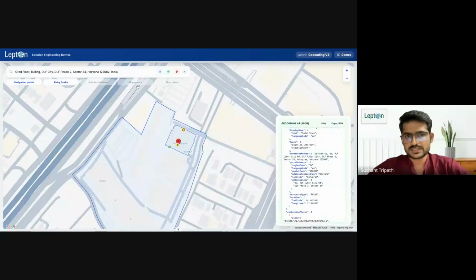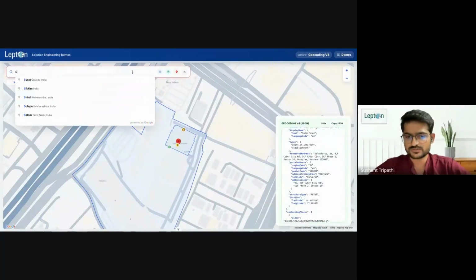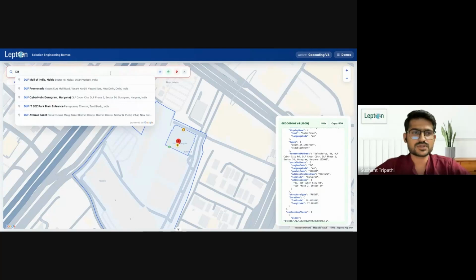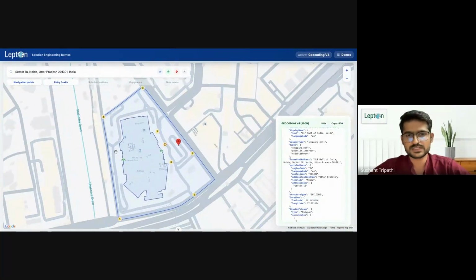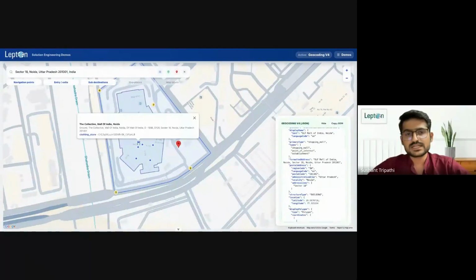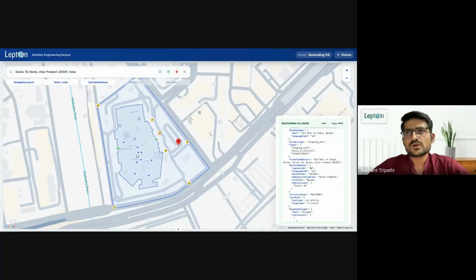Okay, one more thing. Each location has sub-destinations also, as Manish has talked about before. Let me showcase this to you also. That specific polygon has sub-destinations also. It gives you all these smaller businesses or smaller destinations inside a bigger polygon.